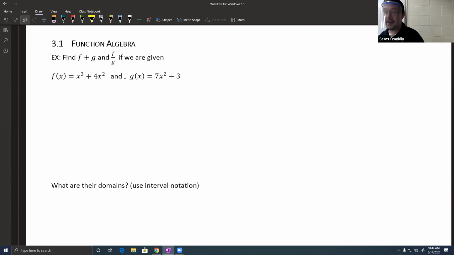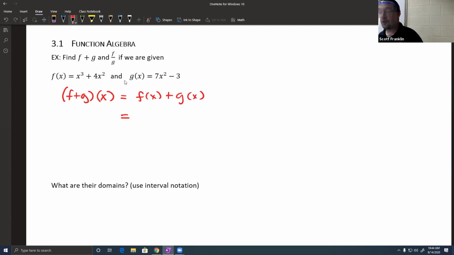If I say f is x cubed plus 4x squared and g is 7x squared minus 3, then f plus g as a new formula, a new function, that's its name, means to take whatever f of x is and add to it whatever g of x is.